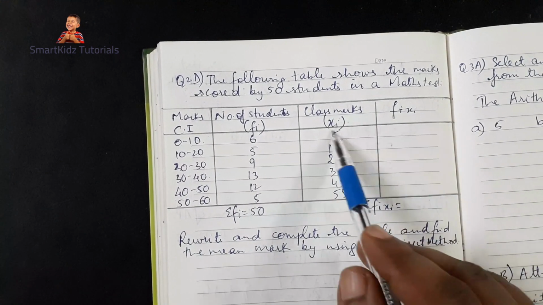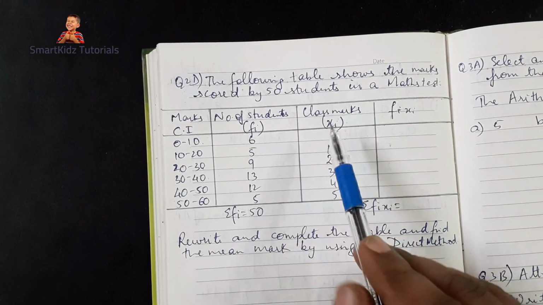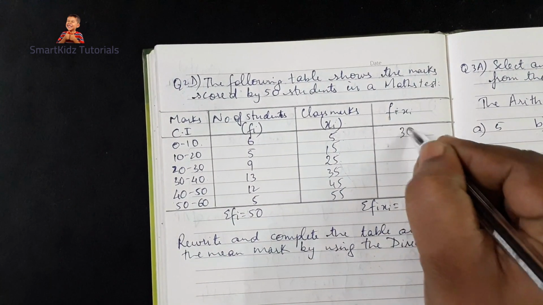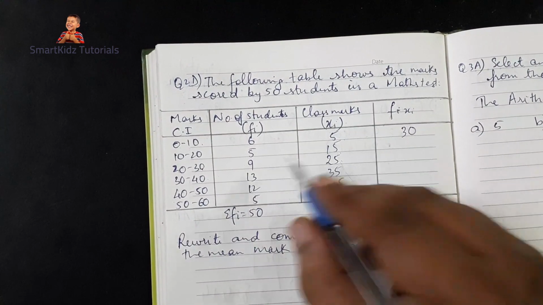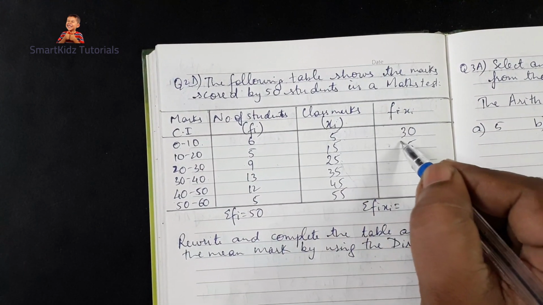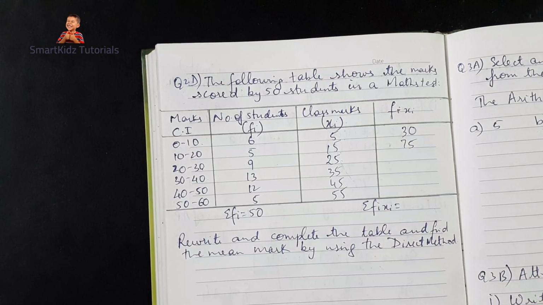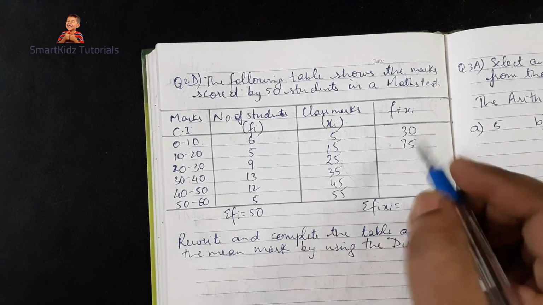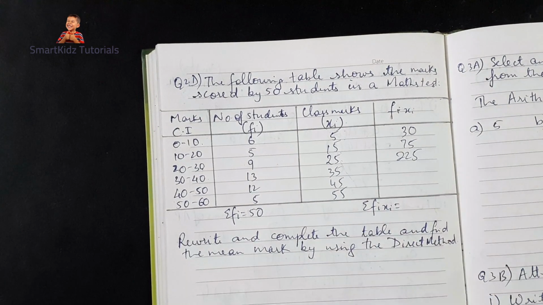Next, fixi is the product of these two. So 6 5s are 30, 5 into 15, 5 5s are 25, carry 2, 5 on the 5, 75. Then 25 into 9 gives us 225.